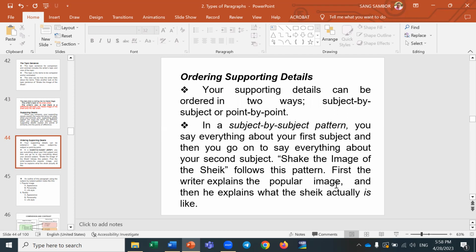Whether you are writing comparison only, contrast only, or both comparison and contrast, you need to organize your ideas.